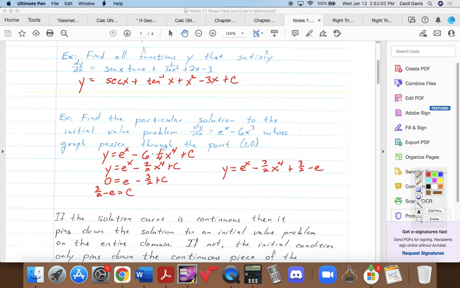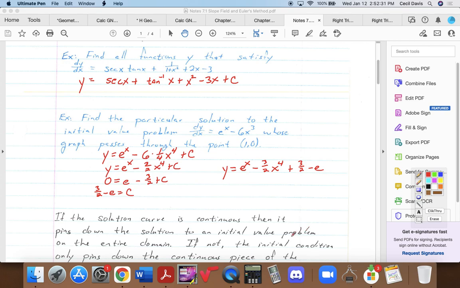Now notice on this one that e to the x and negative 3/2 x to the 4th are defined for all real numbers. That's a continuous function, so we don't have to worry about any pieces. That's the case where if the solution curve is continuous, then it pins down the solution to an initial value problem on the entire domain.